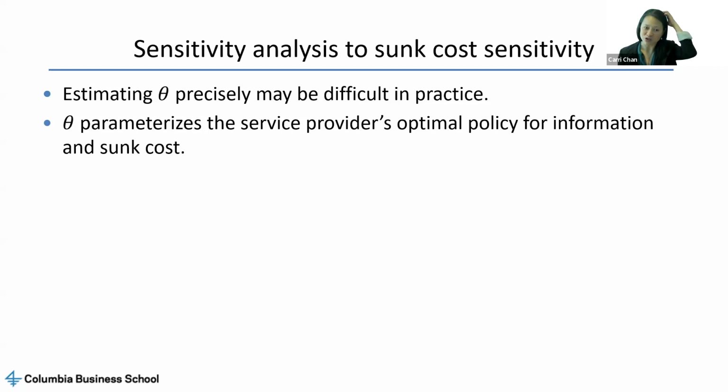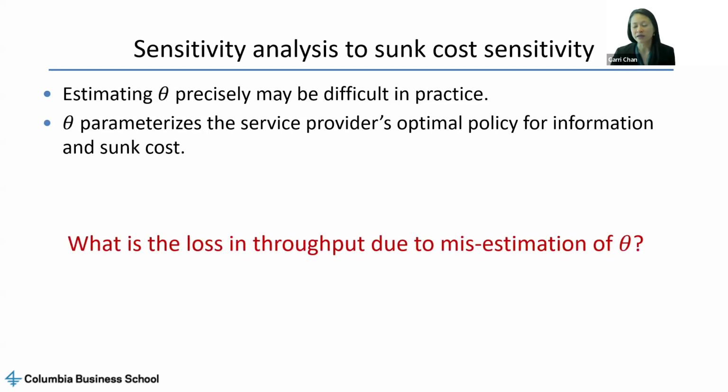Our experiment that I showed you at the beginning of the talk just shows that people have an aversion to sunk costs. But it's actually very difficult in that particular setting to estimate theta. We can't estimate theta from our experiment, in part because you need to have people learn the queuing dynamics through repeated interactions. And in most settings, it's challenging to find participants to do that. So we wanted to understand what is the loss in throughput if that estimate of theta is incorrect.